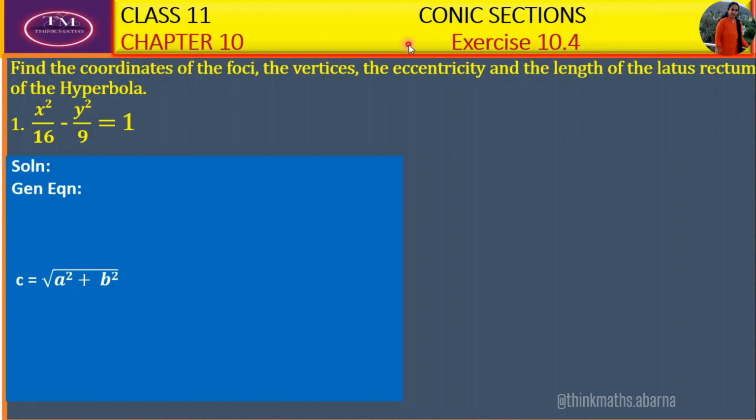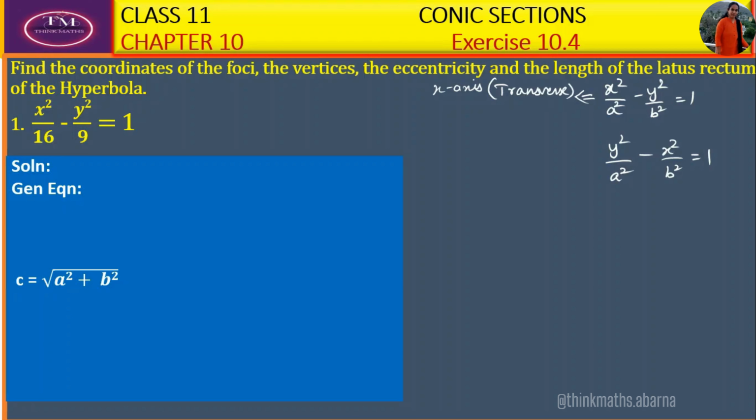Now, in hyperbola, we have two types of equation. That is x square by a square minus y square by b square equal to 1. Another one is y square by a square minus x square by b square equal to 1. So, these are the two types of equation. This equation is for the x-axis. In hyperbola, we call the x-axis the transverse axis.